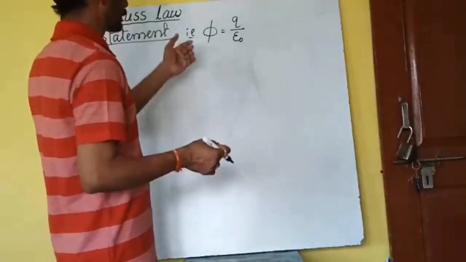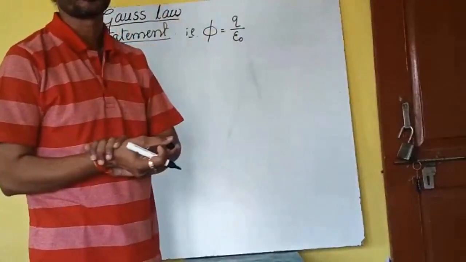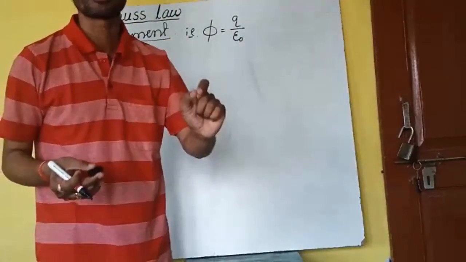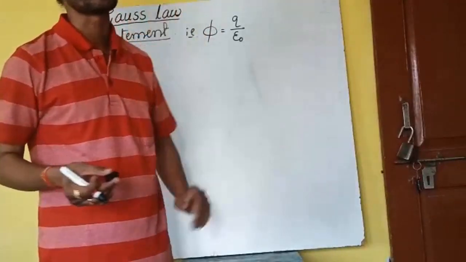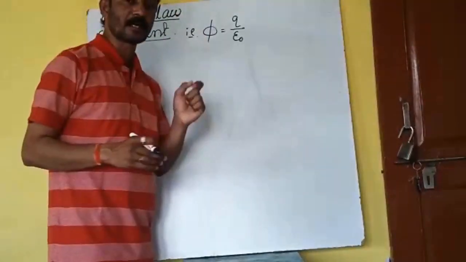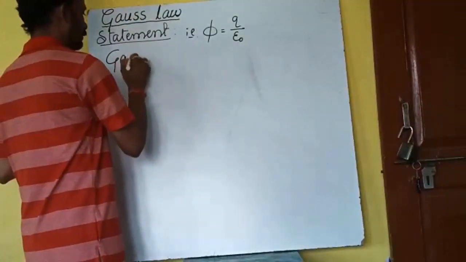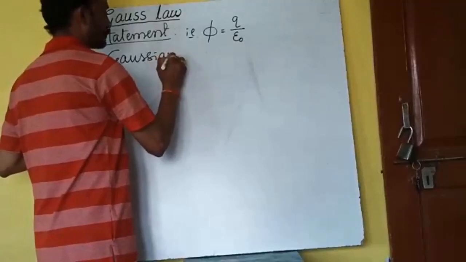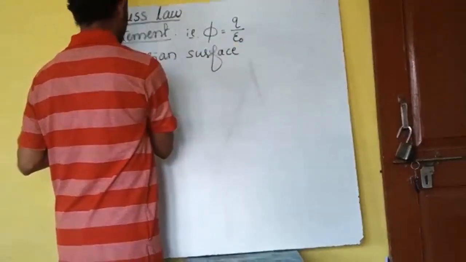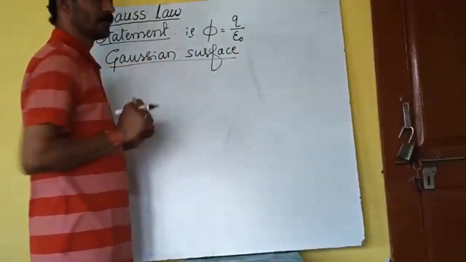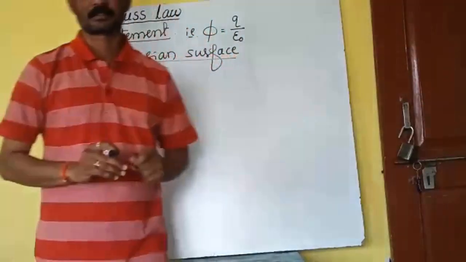To find the electric flux through any closed surface enclosing a charge, we have to imagine a hypothetical closed surface, that is called a Gaussian surface.